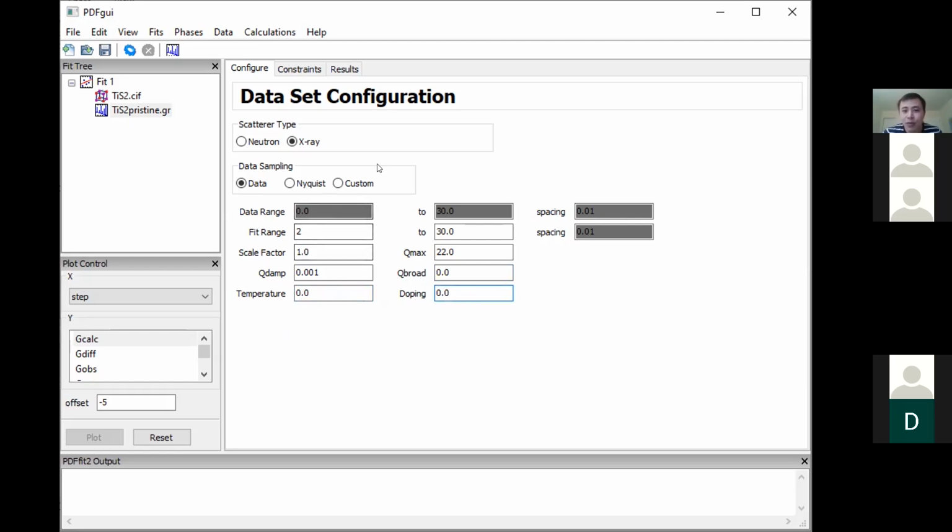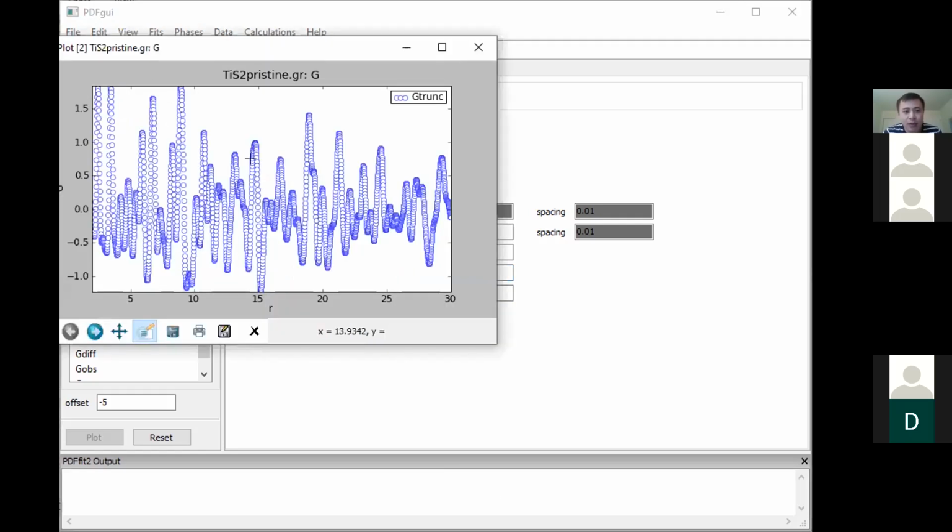Likewise, you do a series of fittings with different doping levels. You also want to put in the number just as a reminder. It has nothing to do with the fitting results. Okay, let's talk about Qdamp and Qbroad. As I mentioned, if we look back to this data, we only go to like 30.